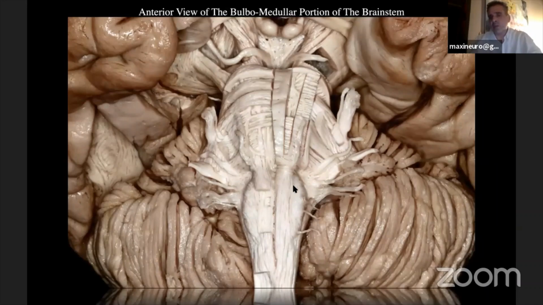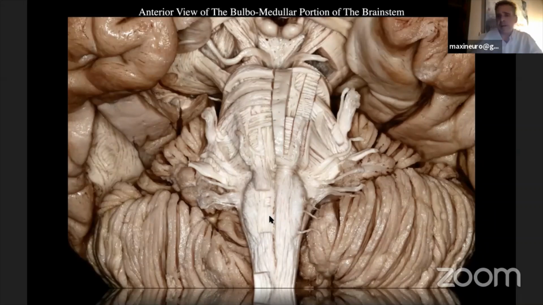Obviously, next to it you have the olive and the preolivary and postolivary sulcus. Behind the postolivary sulcus, the inferior cerebellar peduncle. But on the left side of this picture, I make a cut here, and a cut here, to take off this part and discover in this way these vertical fibers.